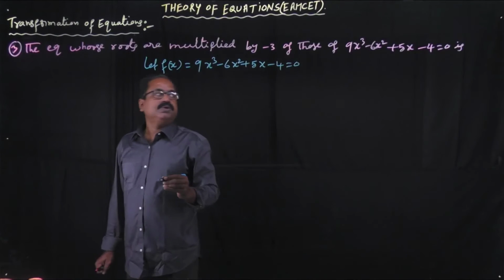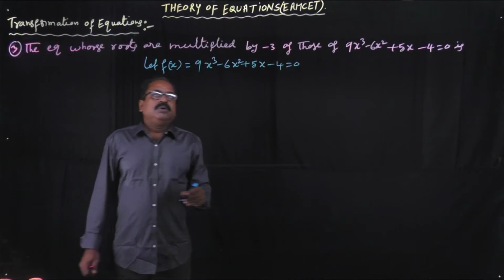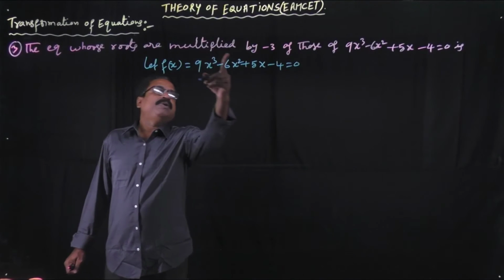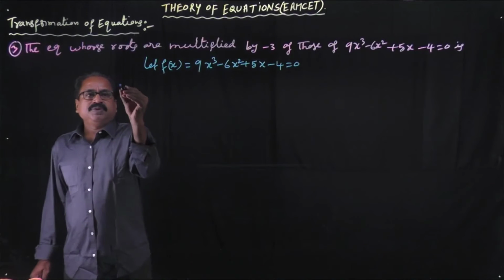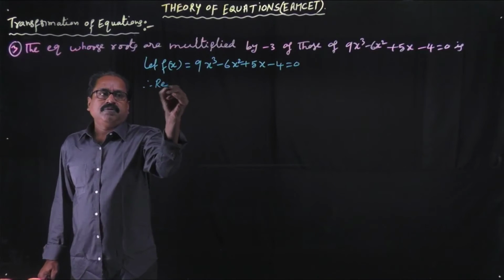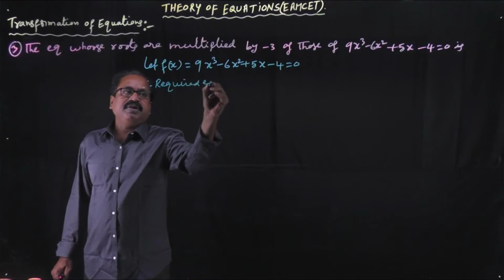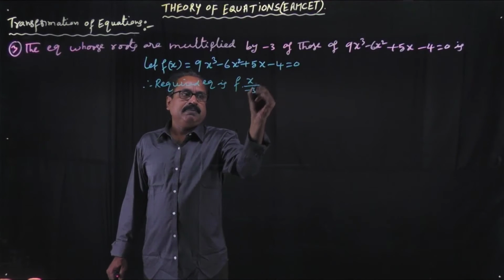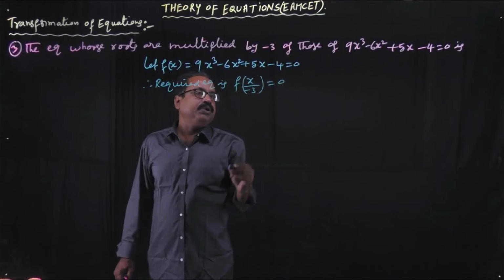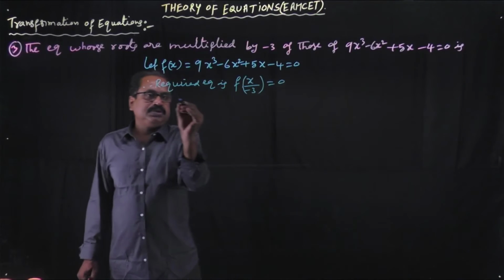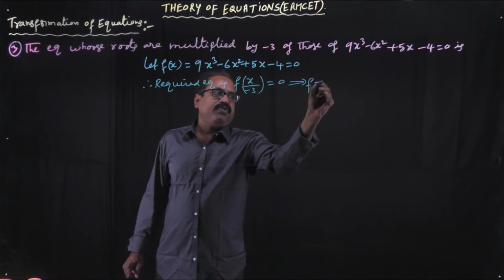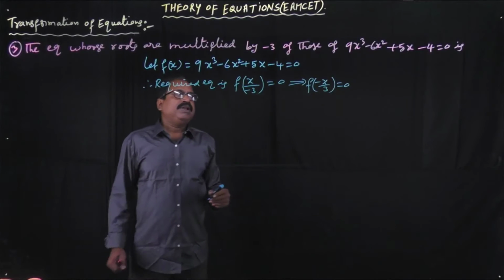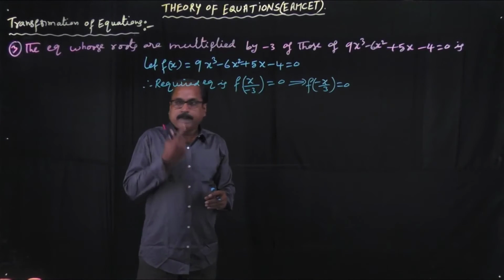We require the equation whose roots are multiplied by minus 3. Therefore the required equation is f of x by minus 3 is equal to 0. So this implies f of minus x by 3 is equal to 0. So replace x by minus x by 3.